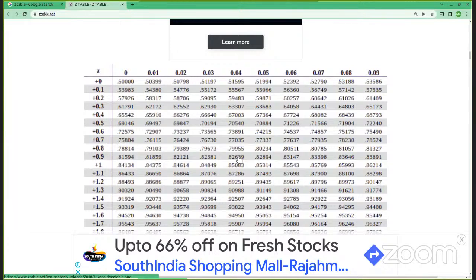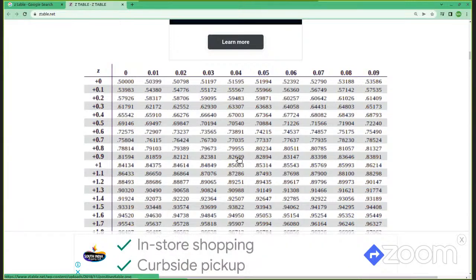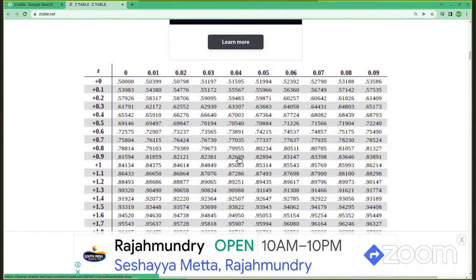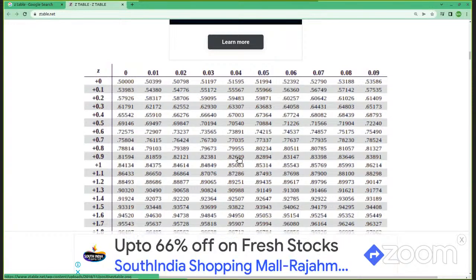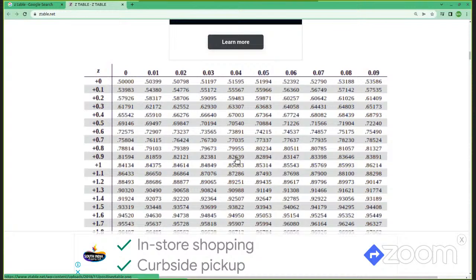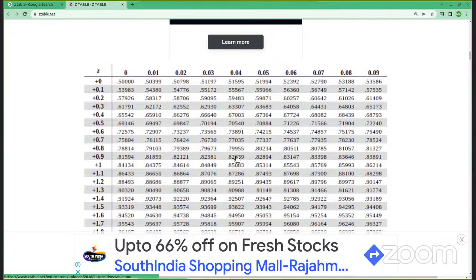That means Fz of 0.94 is 0.82639. So what will be the Fz inverse of 0.82639? 0.94. Yes, that is what it will be.